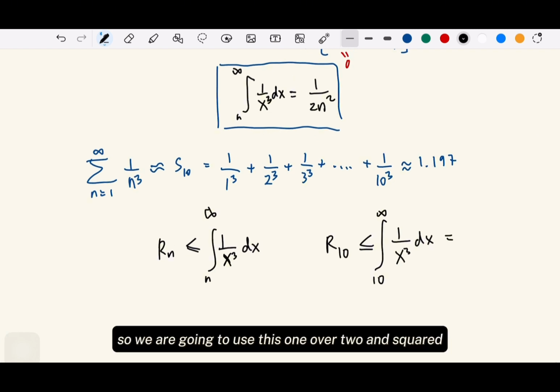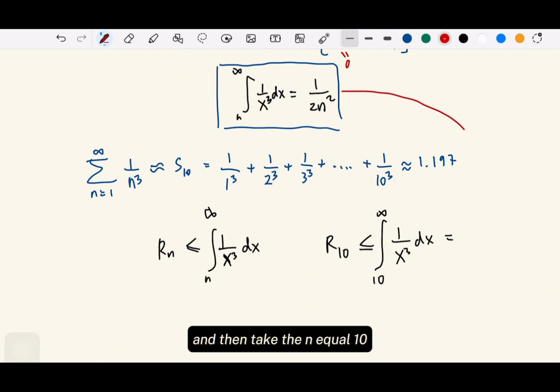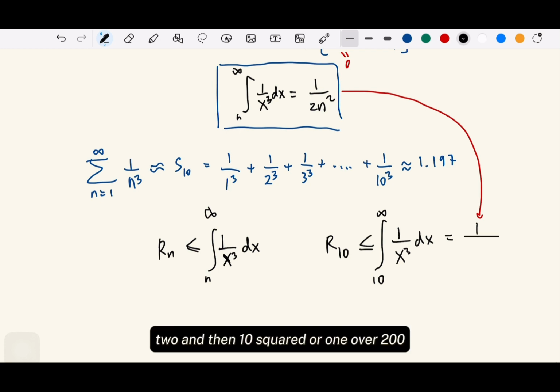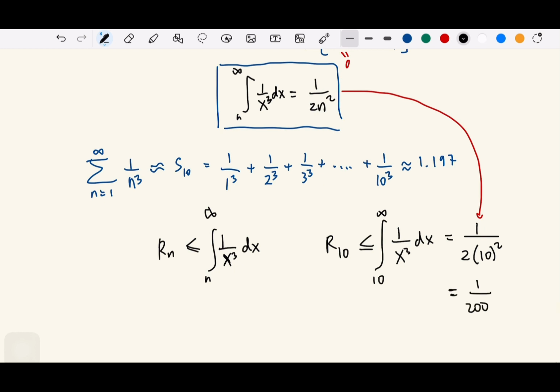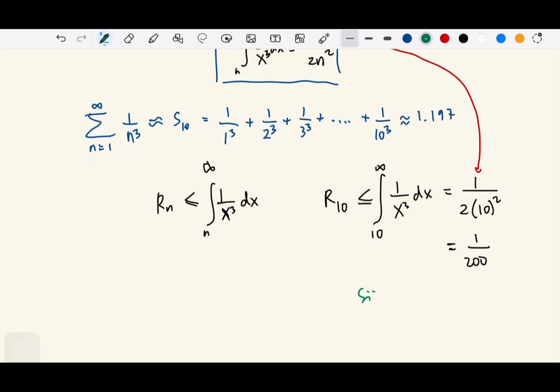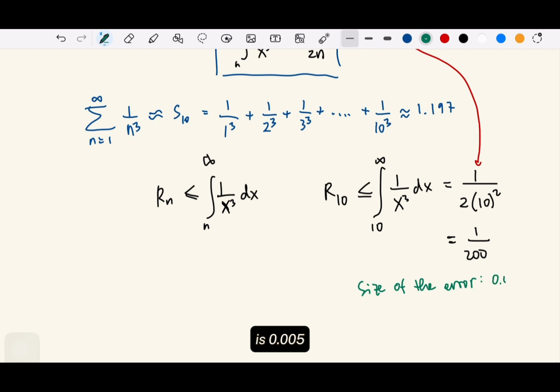We use this 1 over 2n squared with n equal 10, so 1 over 2 times 10 squared, or 1 over 200. So the size of the error is 0.005.